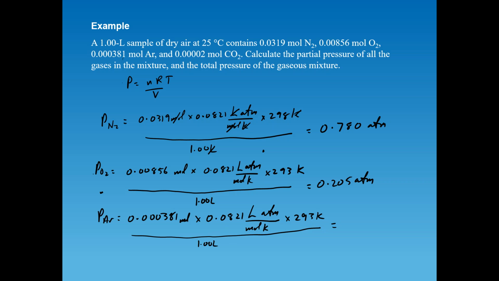And so let's do that calculation. 0.000381 times 0.0821 times 293 divided by 1. So according to my calculation, this gives you 9.17 times 10 to the minus 3. And I'm feeling a bit uncertain about this, so let me redo this one just to be sure.